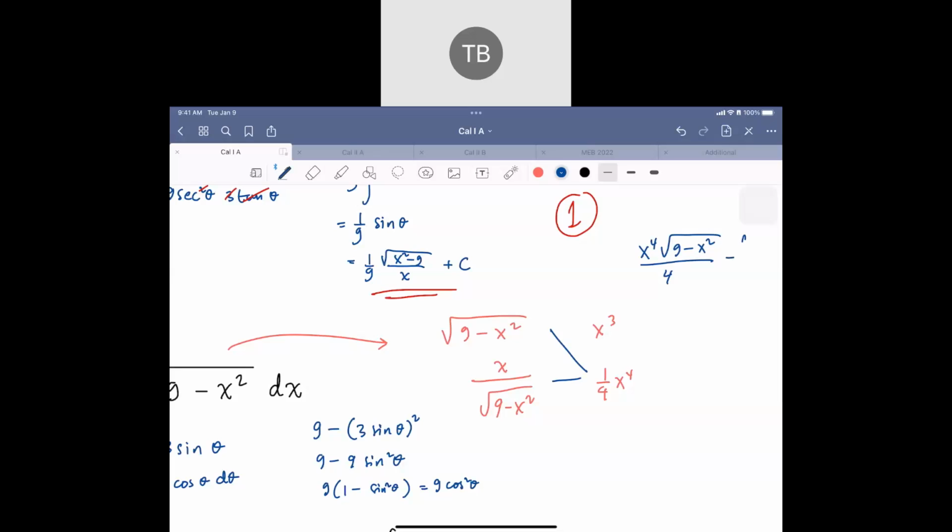And this will be minus, minus. Yes, we were stuck here, so I don't think integration by parts is helpful.